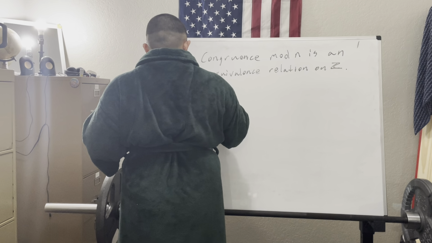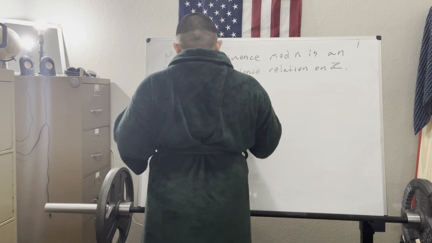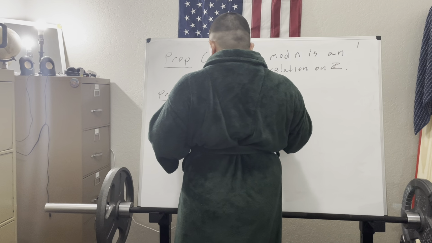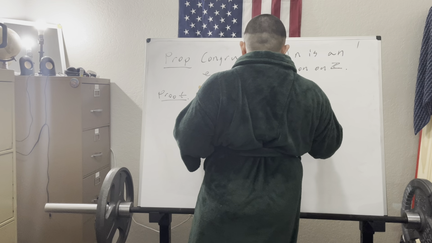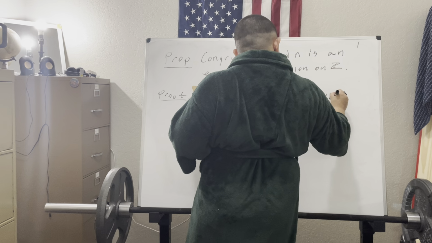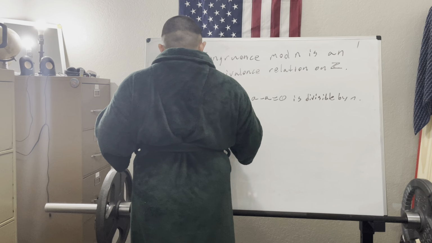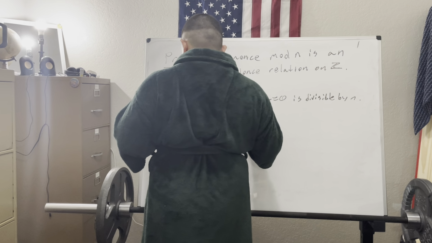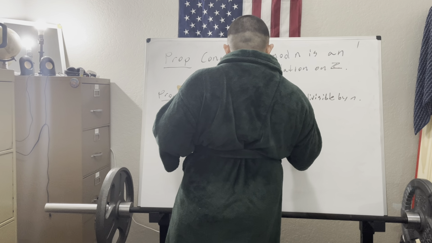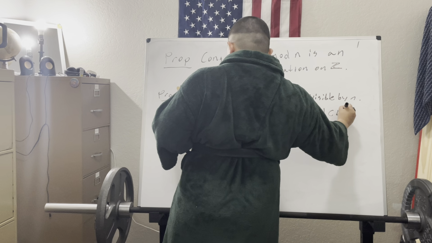Well, let's check each of the three properties that we expect from an equivalence relation. Reflexivity: a minus a is equal to 0, which is divisible by n. Symmetric: let's suppose we have n divides a minus b. Well, then we can say that n does divide b minus a.